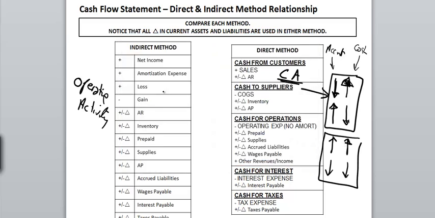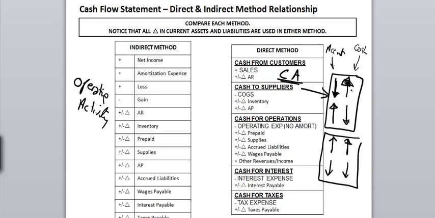And so what you want to look at is an action reaction. Current assets have the opposite reaction. If something goes down, cash is going to go up, and vice versa. For liabilities, it has the same reaction. If a liability goes down, it means cash is going down, or vice versa.